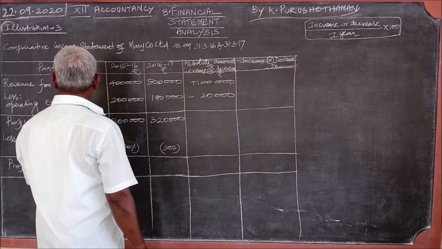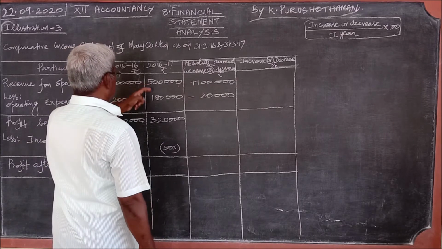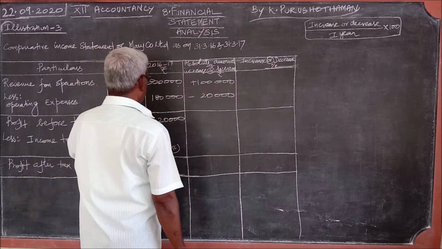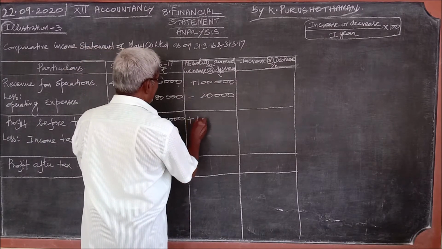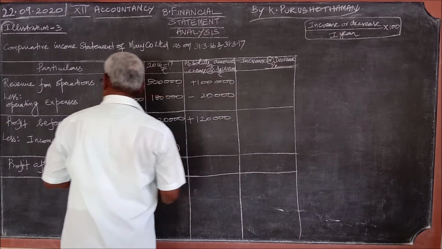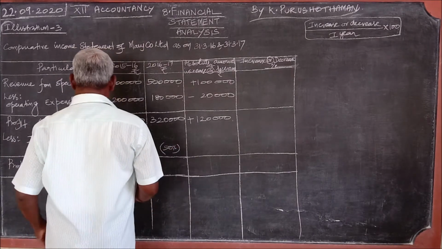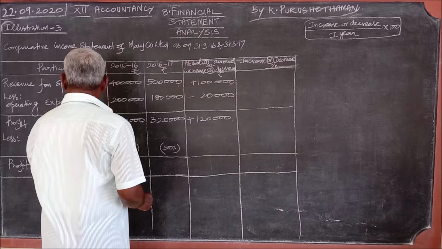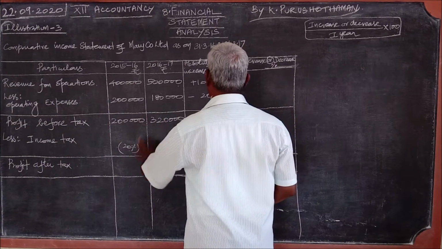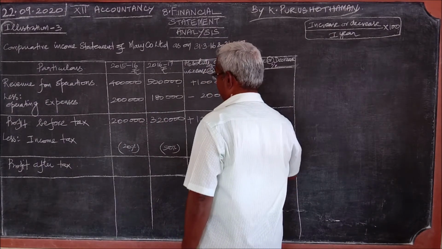Then profit before tax: first year profit 2 lakhs, second year profit 3 lakhs 20,000, therefore increase 1 lakh 20,000. Here we should find the income tax, afterwards you can calculate. And after subtracting it, we can find the profit after tax. So these three values are ready. We have subtracted and found the increase or decrease.